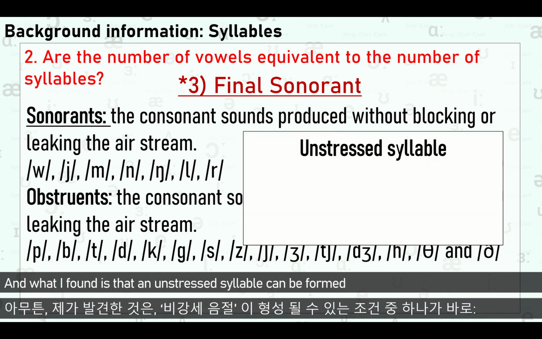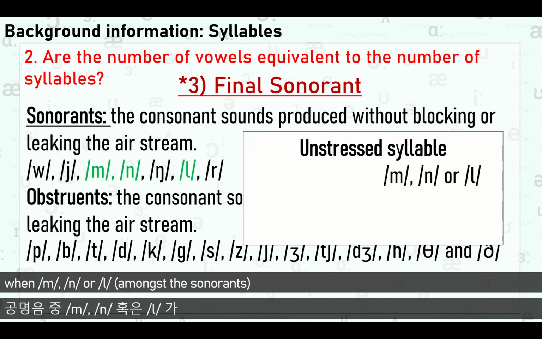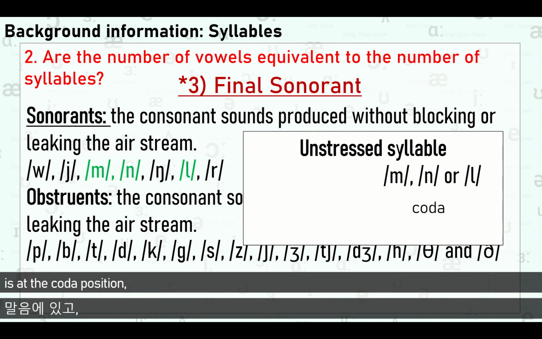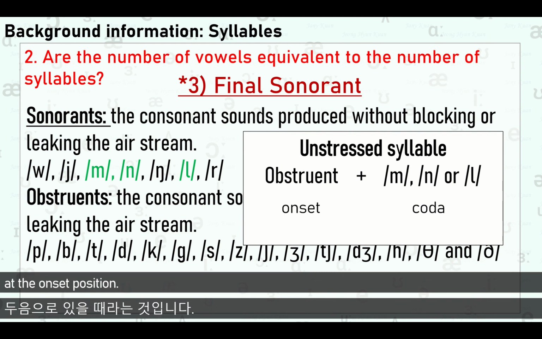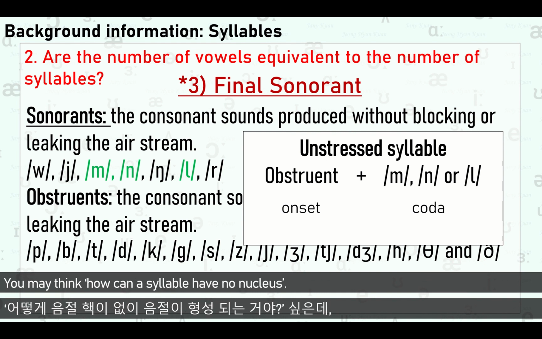And what I found is that an unstressed syllable can be formed when l, m, n, or r amongst the sonorants is at the coda position, and it is preceded by an obstruent at the onset position. You may think, how can a syllable have no nucleus?